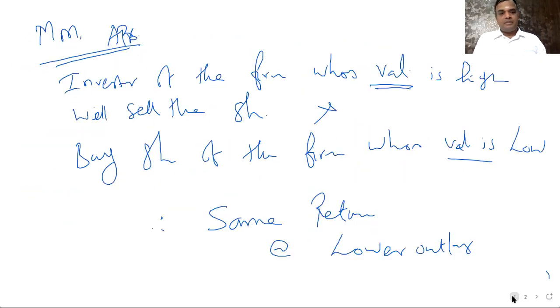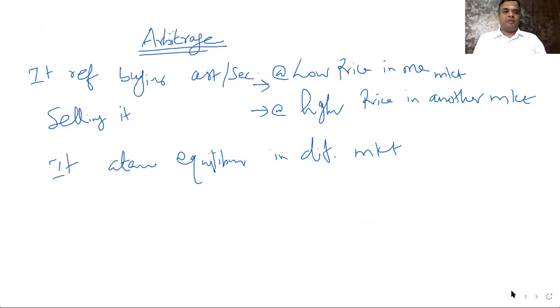So, what do you have to learn with respect to arbitrage? From the theory point of view, arbitrage refers to buying assets or securities at a lower price in one market and selling at a higher price in another market. As a result, equilibrium will be attained in different markets. Now we are going to discuss the general theory with respect to arbitrage, based on the Modigliani-Miller approach in the financial management paper, capital structure theory.